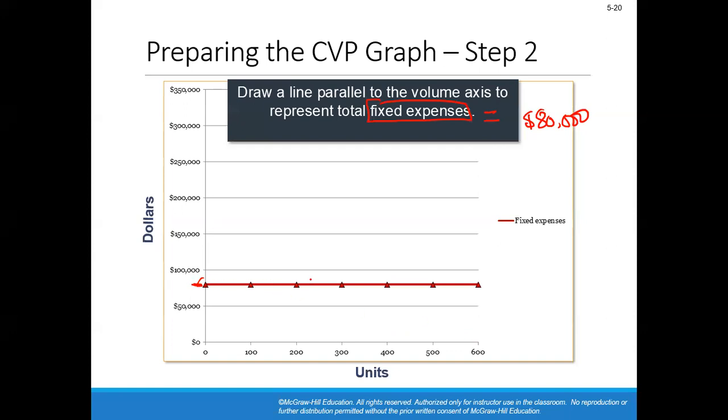Why should the fixed expenses line be horizontal? Why is it not moving in a linear fashion, or in another direction? What will be your answer? Why is it a parallel line, or why is it a horizontal line?